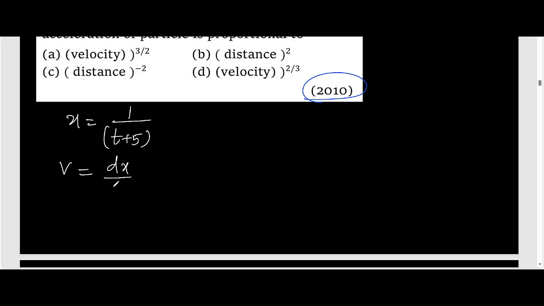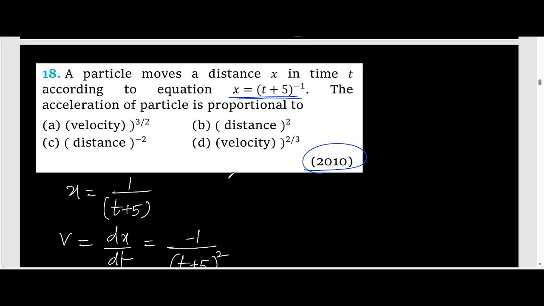So how much will be the differentiation? It is minus 1 by t plus 5 whole square. How will you do the differentiation? Differentiation of 1 by x power n is minus n by x power n plus 1. So take the n as negative in the numerator and in the denominator increase the power by 1.